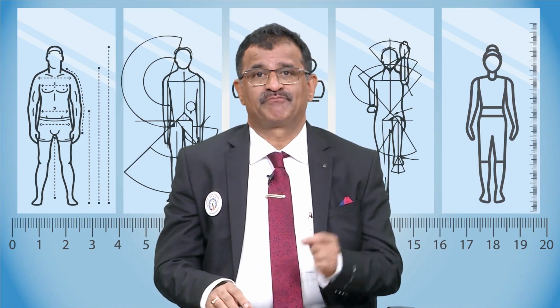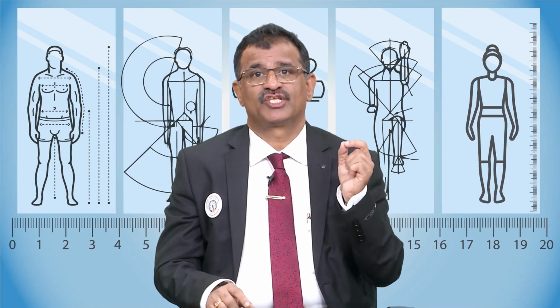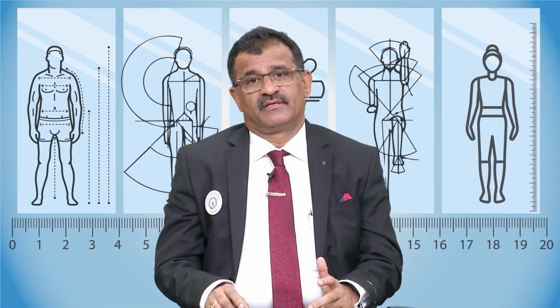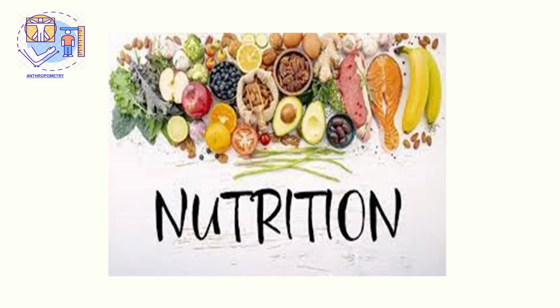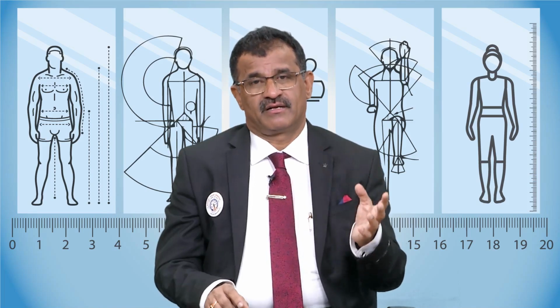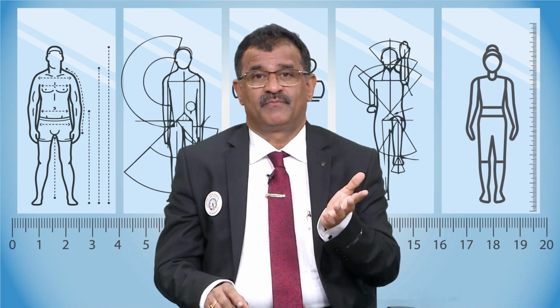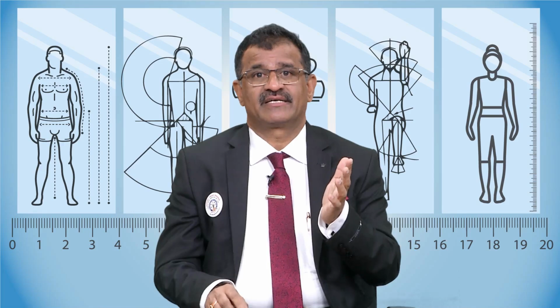Nutritional aspect is of much importance in anthropometric assessments. Well, here you can see an image of nutrition. Nutrition of different people or different cultures differs from culture to culture, but it has to be a balanced diet.